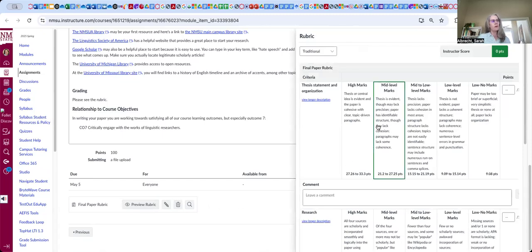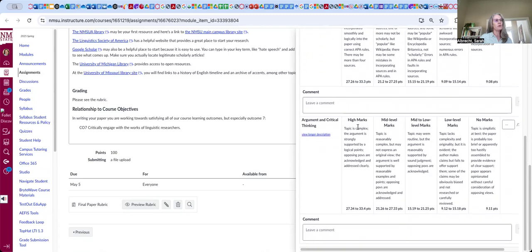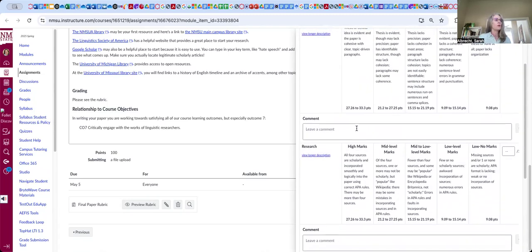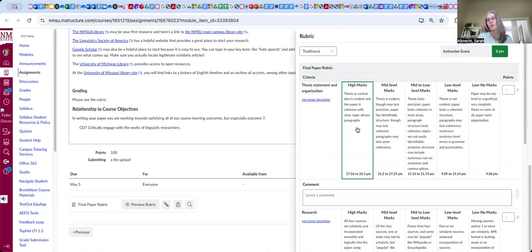And so the first section is thesis statement and organization. There are 3 sections here. Each one is worth a third of the final paper. So for the thesis, that means that you have to have a thesis. Generally, for a paper this length, you're going to have an introductory paragraph where you start generally introducing your topic.